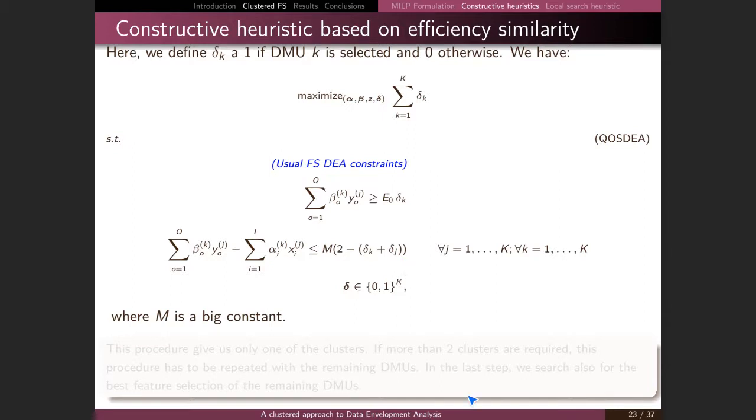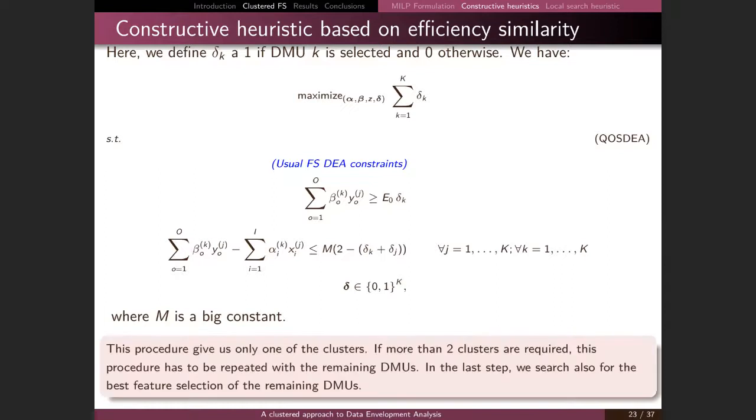When we perform this selection, we can only build two clusters, the selected and the not selected. So if we want to obtain 3 or more clusters, it's just a repeated procedure. We first select between the more efficient and the less efficient. Then, in the group of the less efficient, we separate again between the more efficient ones and the less efficient, and repeat for the number of clusters that we want.